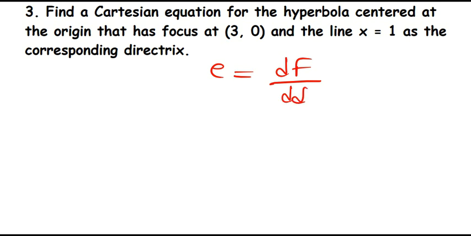So what are we trying to do here? We are told we need to find the Cartesian equation, so we need to find the equation for this hyperbola. We are told it's centered at the origin and has a focus at (3, 0), and then the line x equals 1.